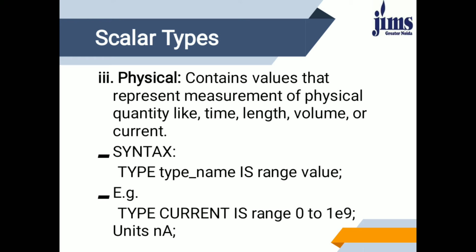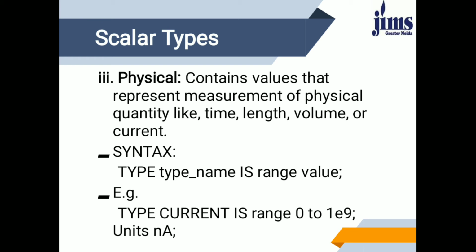A physical type definition defines both a type and a subtype of that type. Each unit declaration, either the base unit declaration or secondary unit declaration, defines a unit name. A unit name declared in a secondary unit declaration must be directly or indirectly defined in terms of integral multiples of the base unit of the type declaration in which it appears.